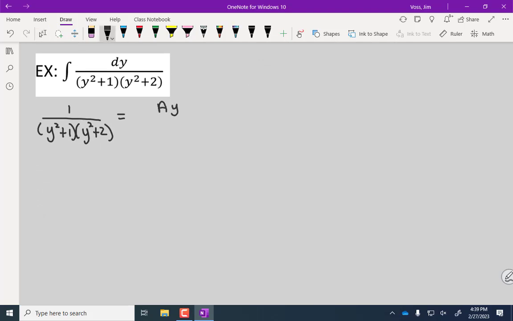So this is going to be ay plus b, linear over quadratic, plus cy plus d over y squared plus 2. So we have 2 irreducible quadratics. We need a linear expression in the numerator for each. So multiply both sides by the denominator on the left.